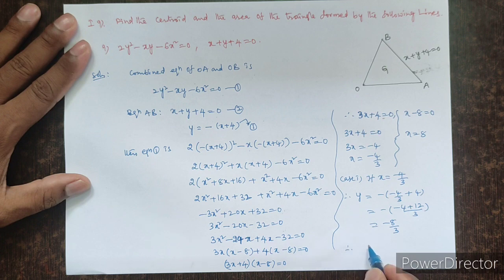Therefore the coordinates of A is (minus 4 by 3, minus 8 by 3).